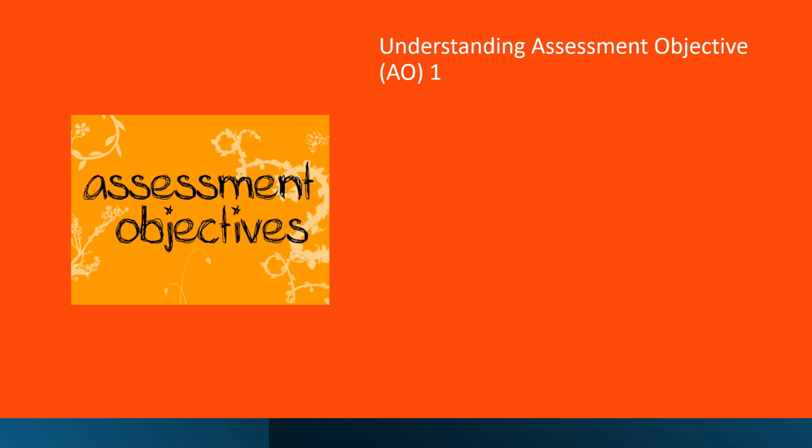To attain ideally a level 5 grade, or the next best thing, a level 4 grade in the exam, you need to have a good critical understanding of assessment objective A01.